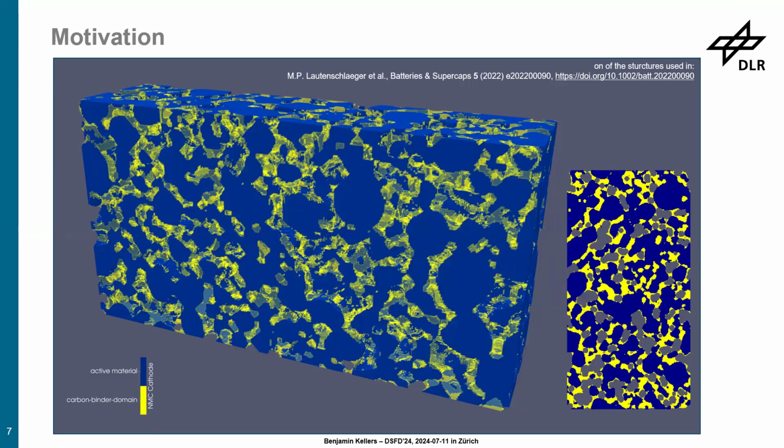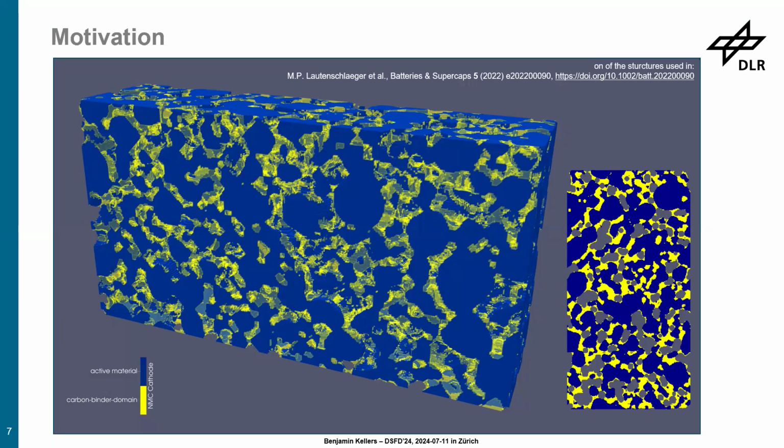And the blue material is the active chemical component. We call it the active material. The yellow material is, we already heard that in another session, the binder material or carbon binder domain. There are some additives to it, but in a sense, it is the glue that holds everything together.